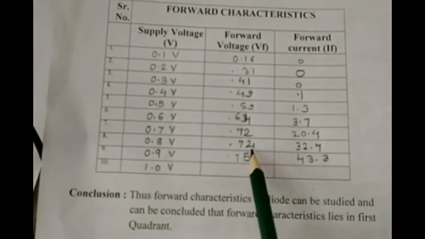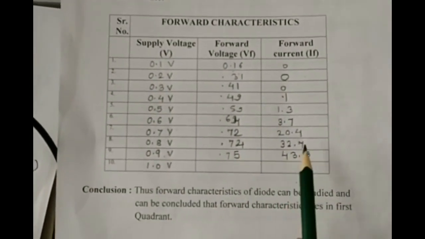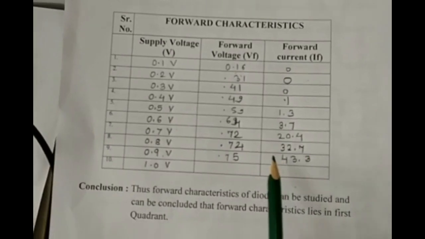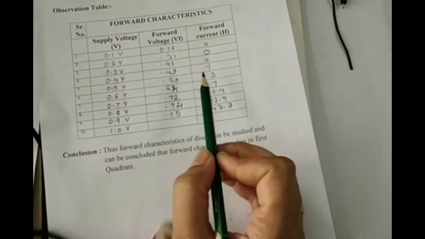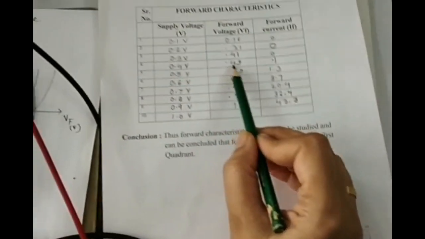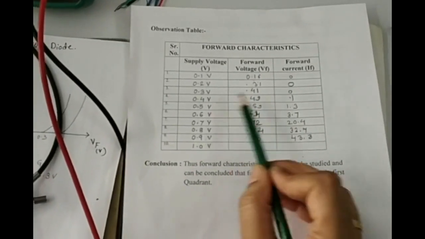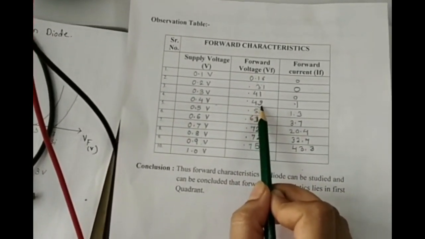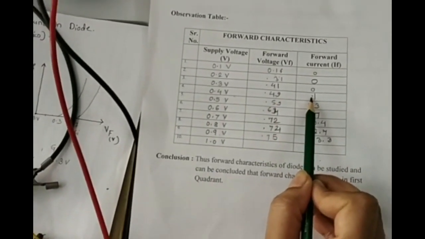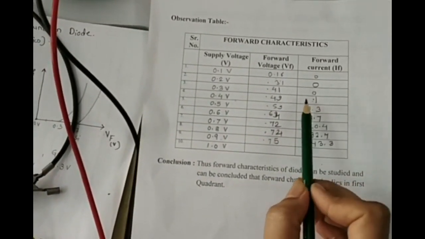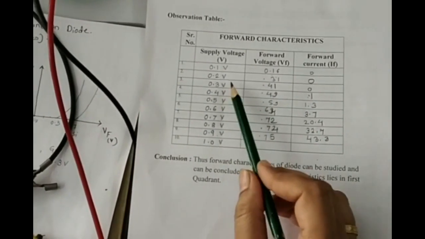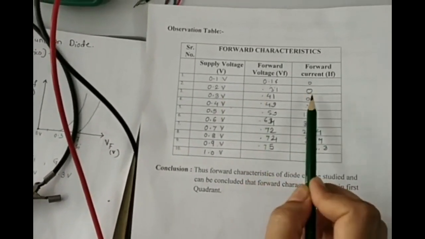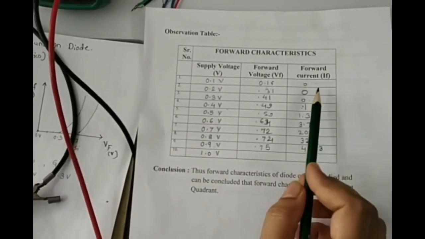Okay, now see here, according to the readings you can see that till the input value 0.4 you have voltage around 0.49 and a small current of 0.1, but before that, at 0.3, 0.2, 0.1 volt, there is zero current flowing through the diode.